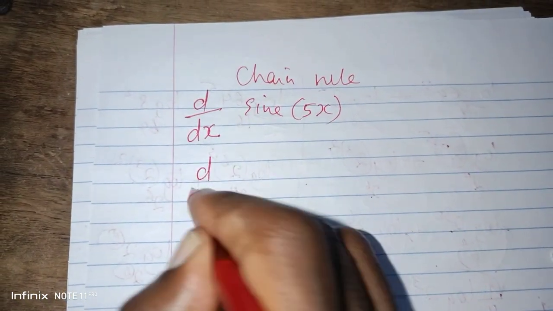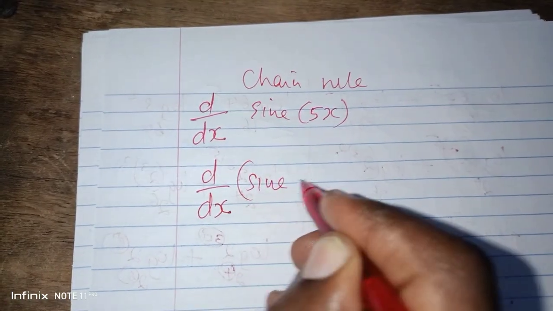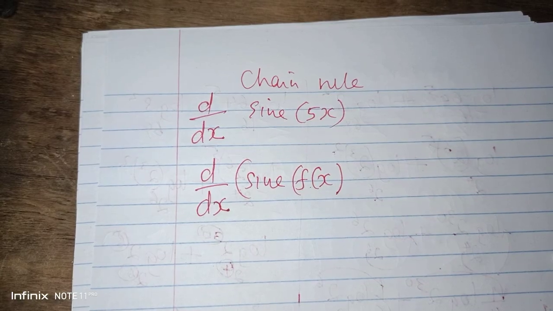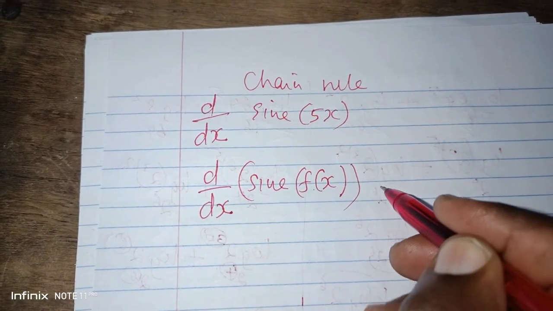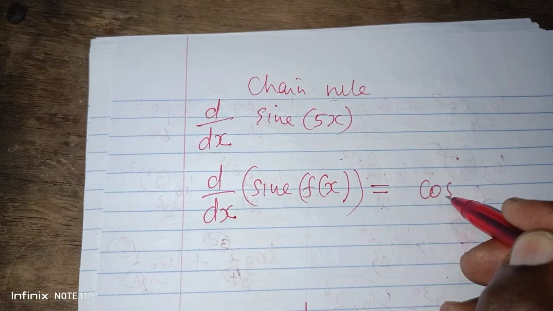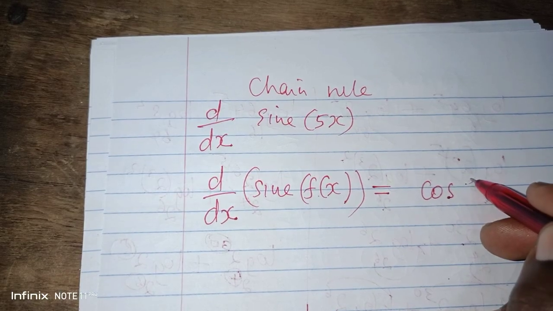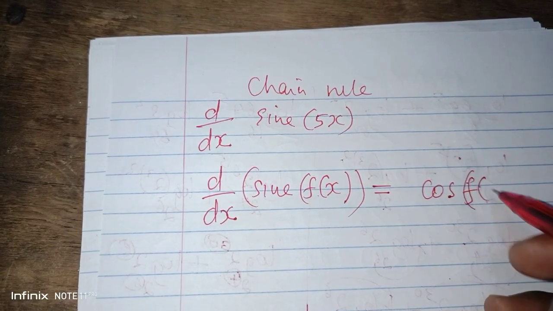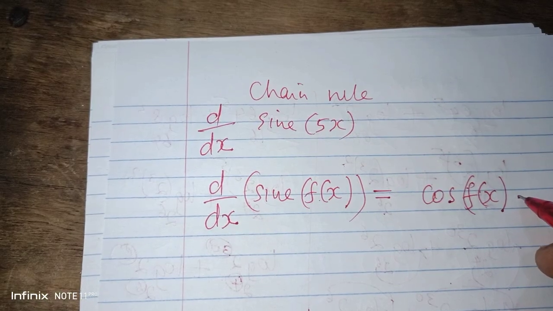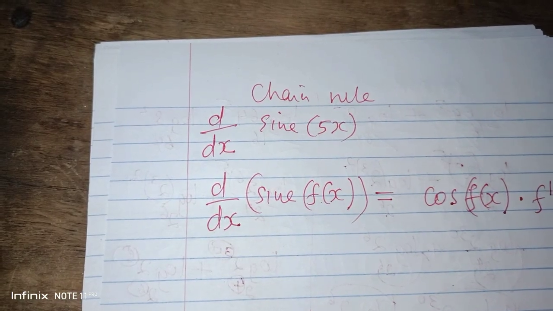So for example, the d dx of the sine of a particular function in form of x can literally end up giving us the cos of this function in form of x. And this is multiplied by the derivative of that function in form of x.